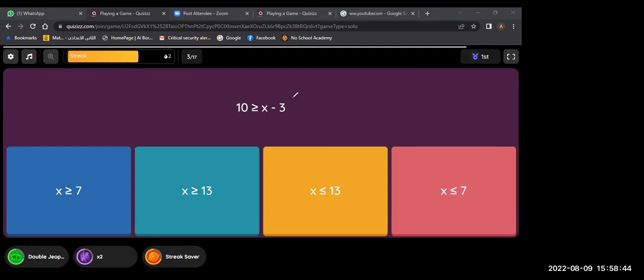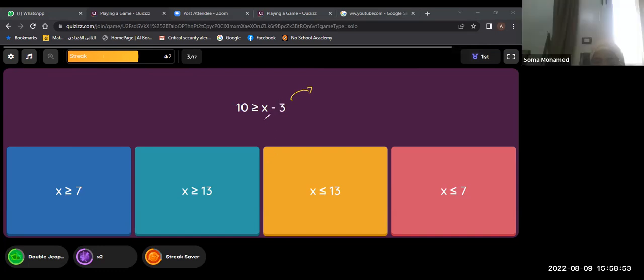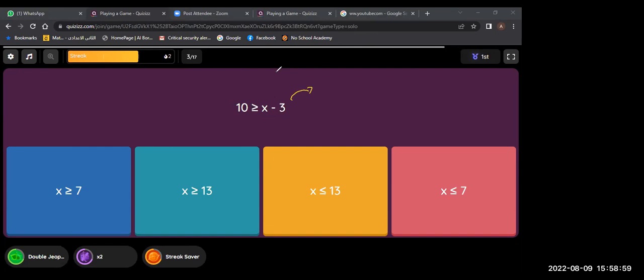Is it the first? Solve step by step. Okay, -3 move to the opposite by what? Plus 10 plus 3 equals 13. So 13.